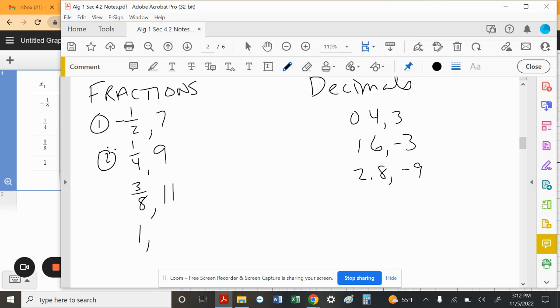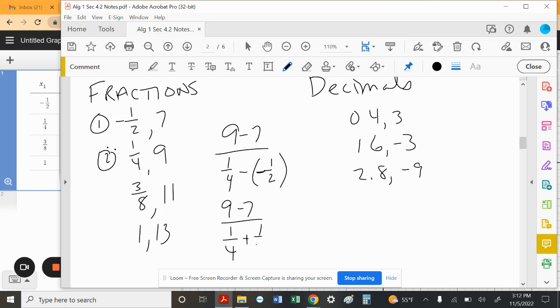Then we have 9 minus 7 divided by 1/4 minus a negative 1/2. So we really have 9 minus 7 over 1/4 plus 1/2. 9 minus 7, of course, is 2.